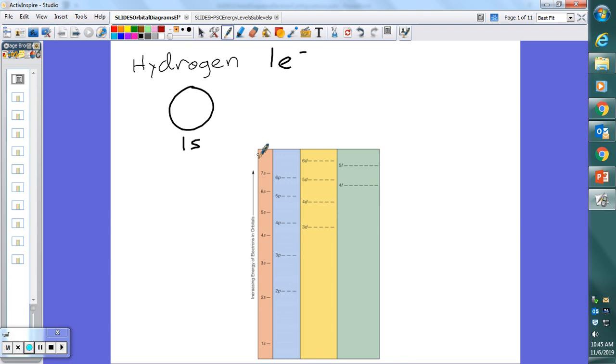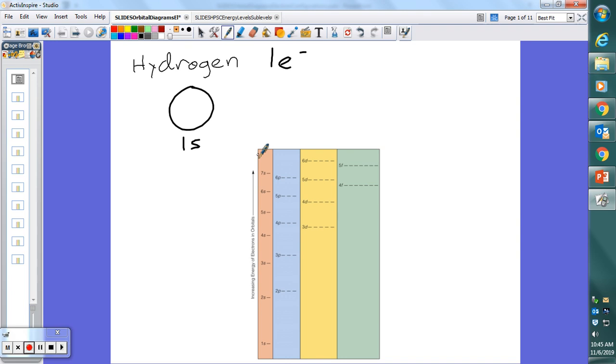There's two things you should be able to tell me about it. Lorenzo, what's one thing? It's an s orbital, and that means it's spherical, right? So that's the s part. What does the 1 part describe about it? It's the first one, meaning it's in the first energy level, and it's close to the nucleus. So if we label an orbital 1s, you should be able to tell me it's close to the nucleus, it has low energy, and it's a spherical orbital.